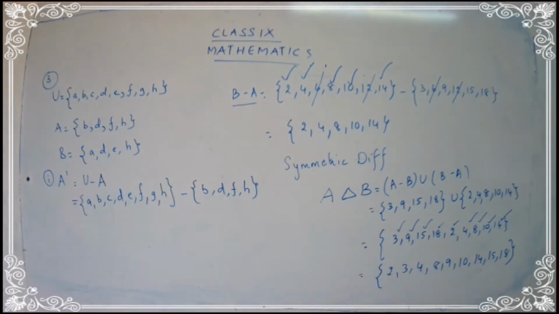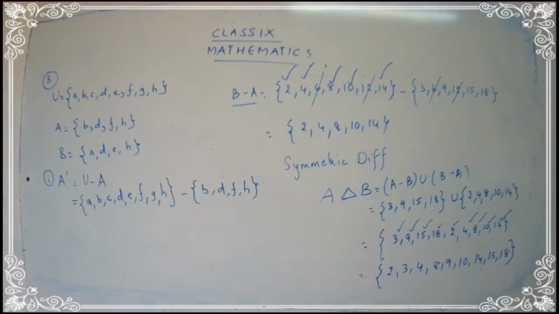U minus A. A dash is U minus A. What are the members of U, children? A, B, C, D, E, F, G, H. Minus A, which is B, D, F, H.